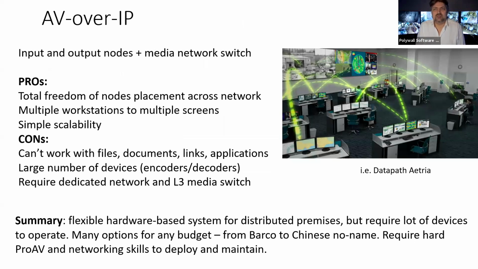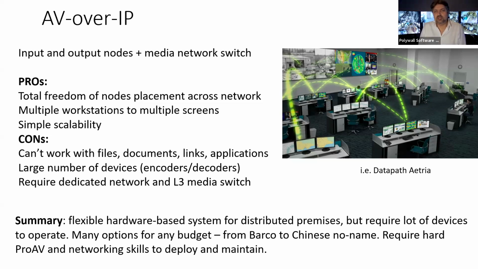The next technology, which is very common on the market and already proven, and which you can find in many, many places, is the AV over IP system. It can be combined from input nodes, output nodes, or encoders, decoders, RX-TX units, and some L3 media network switch, which is used to control which stream from which node will come to each node.